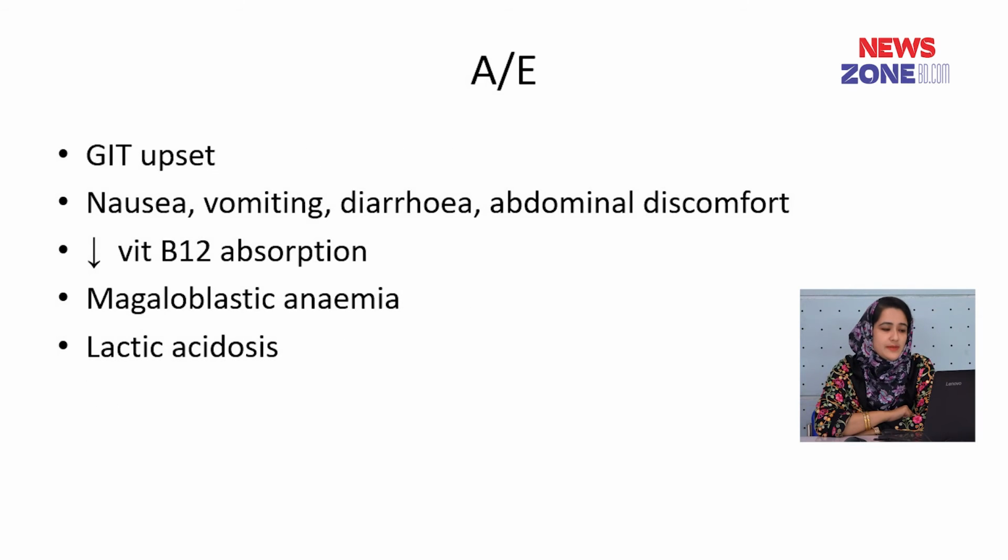What are the adverse effects of metformin? The major adverse effects are GIT upset, that means gastrointestinal tract upset. There may be nausea, vomiting, diarrhea, abdominal discomfort, decreased vitamin B12 absorption. It may lead to megaloblastic anemia and lactic acidosis.